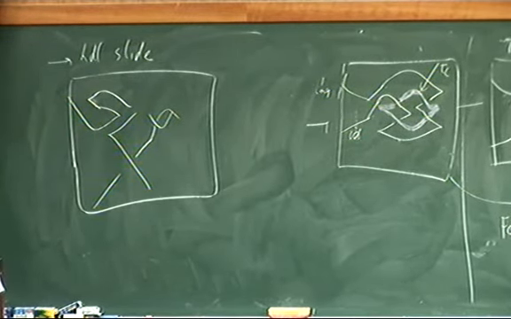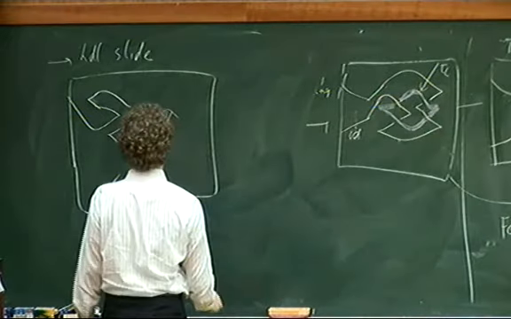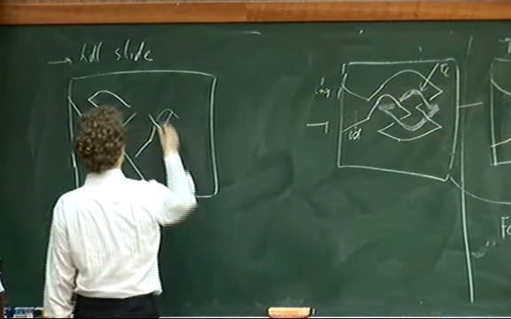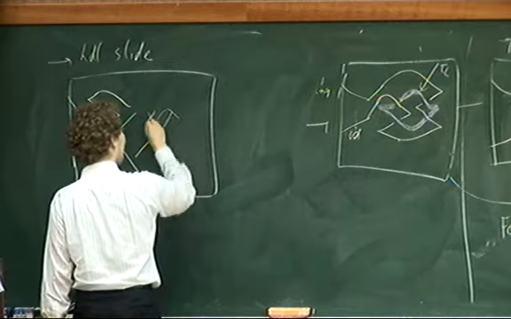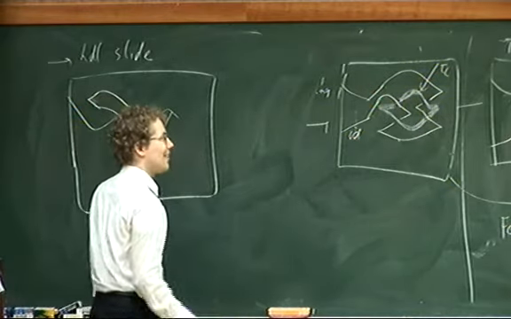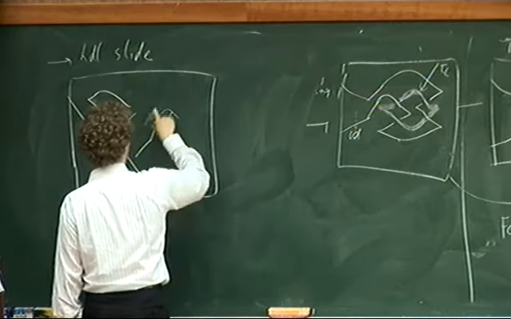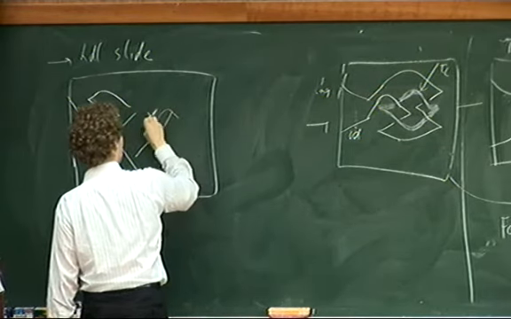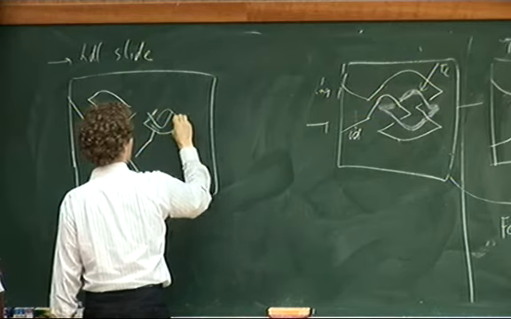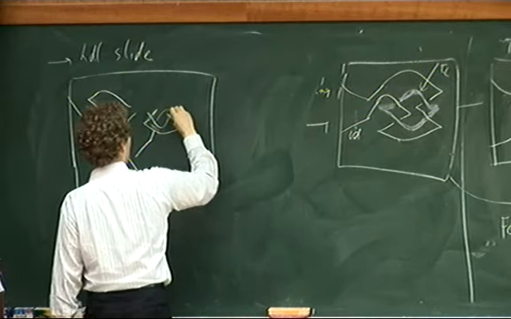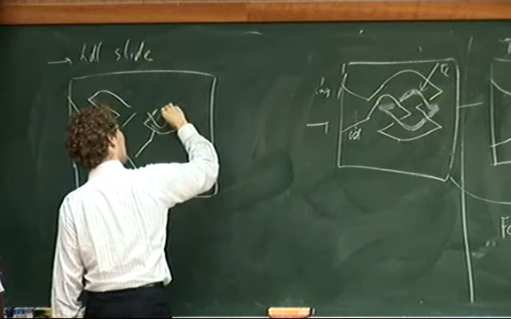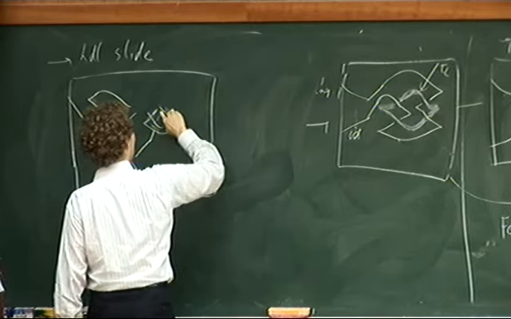Since they're Legendrian knots, I don't need to indicate where overcrossings and undercrossings are, because it's already specified by the slope which one is deeper. But still, I want to draw it here because I want to show that it changes overcrossings into undercrossings. This one is overcrossing, sorry.